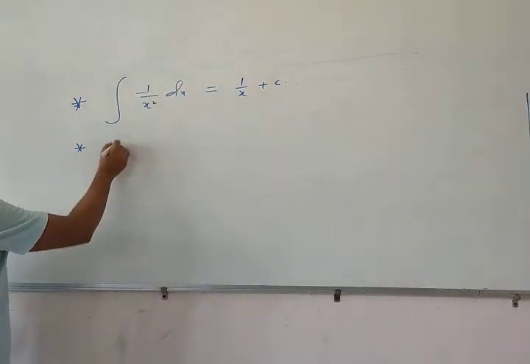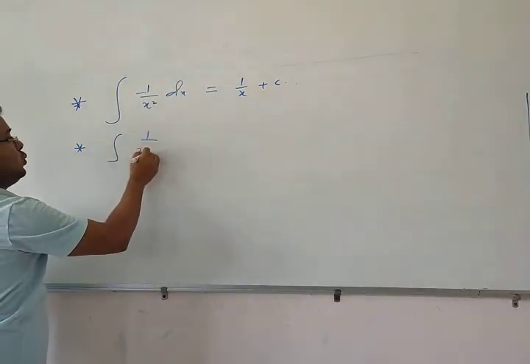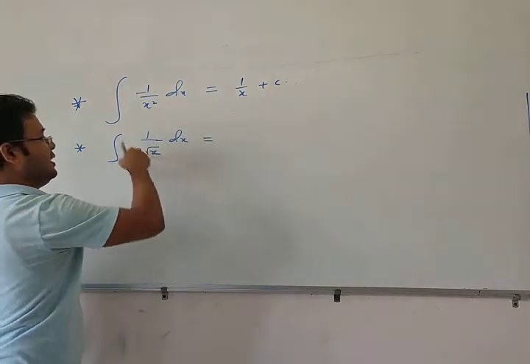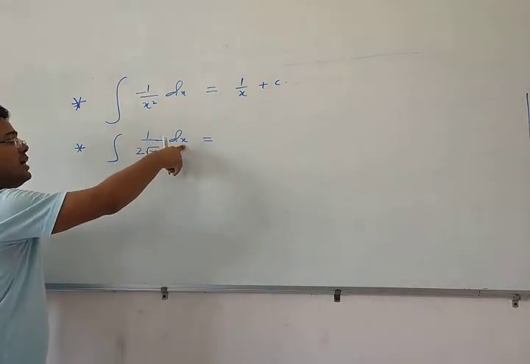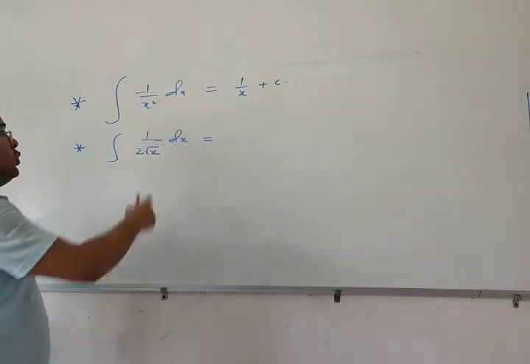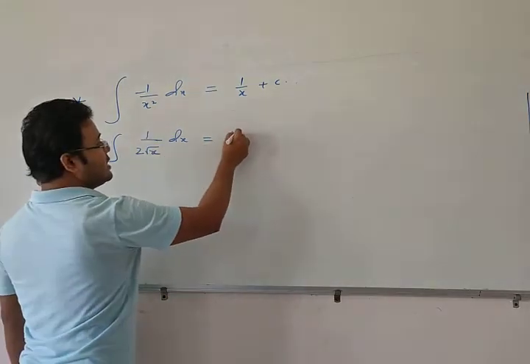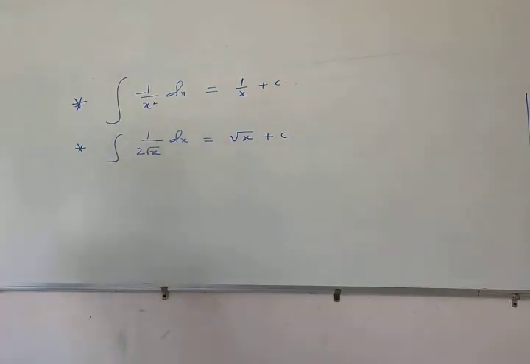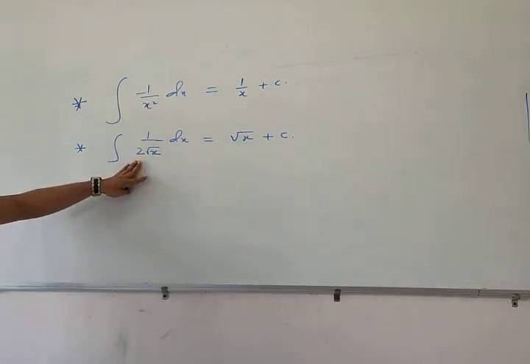And the next, 1 by 2 square root of x, integration of this with respect to x. You know that the differentiation of root x is 1 by 2 root x. So the integration of 1 by 2 root x is root x plus constant c. So here are some formulae of integration.